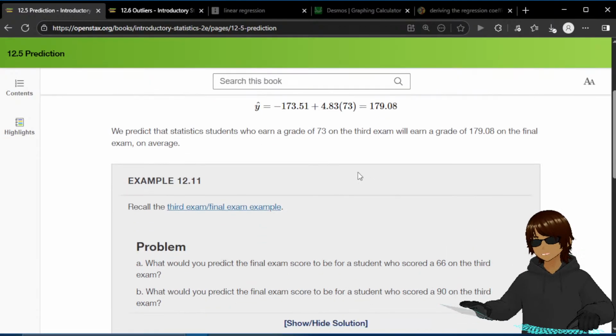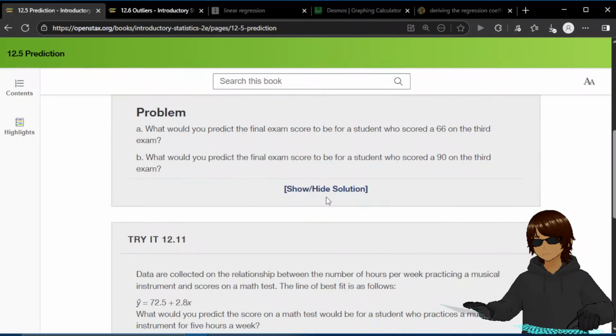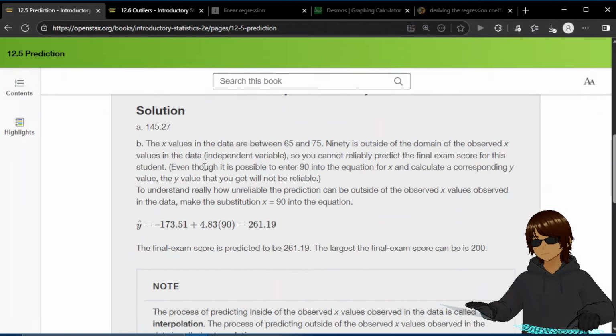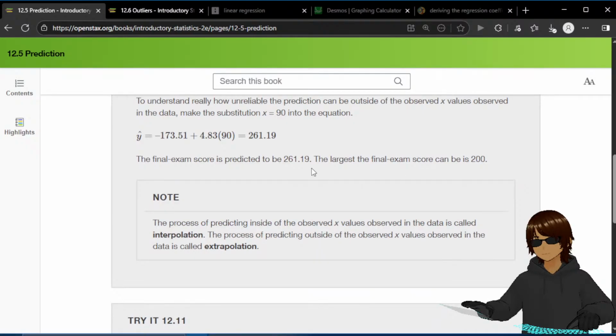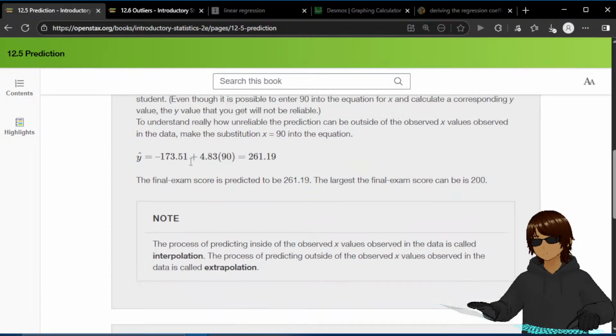Also for 90, we just plug in the numbers here. The largest the final exam score can be is 200.